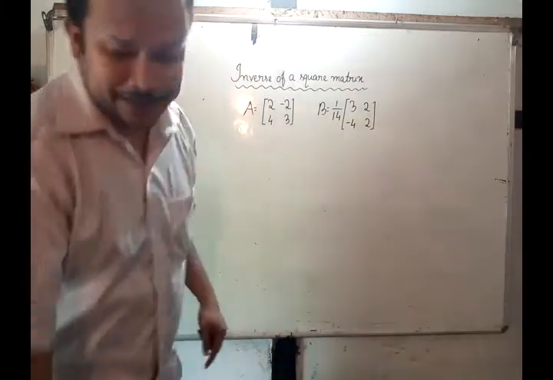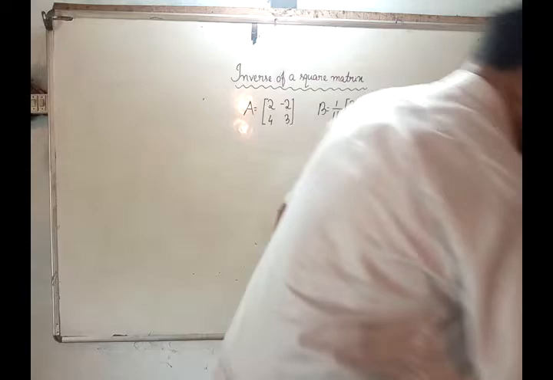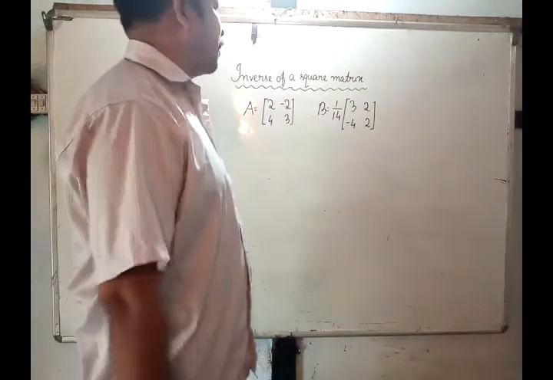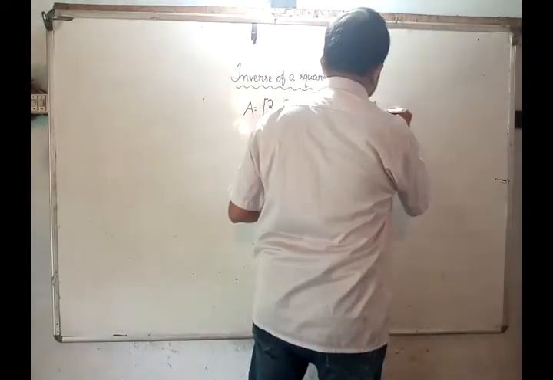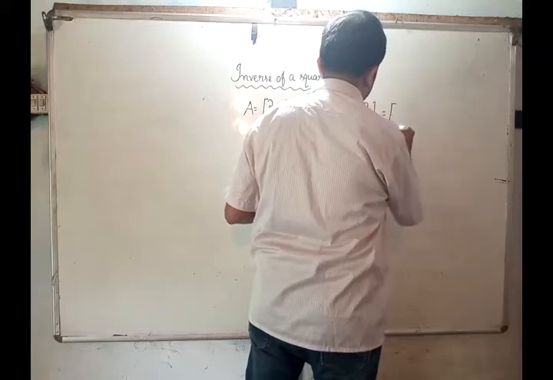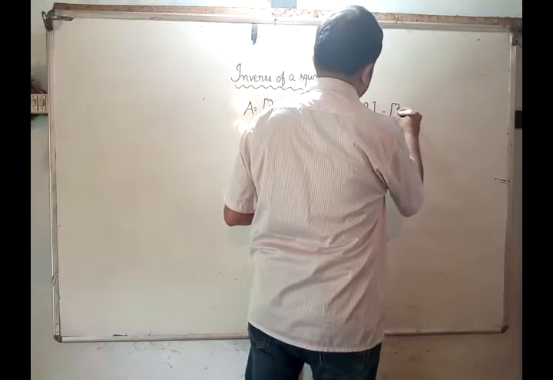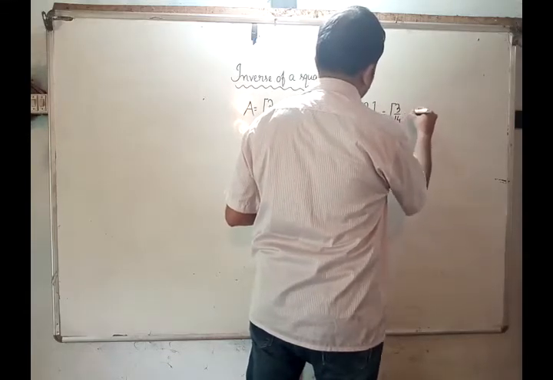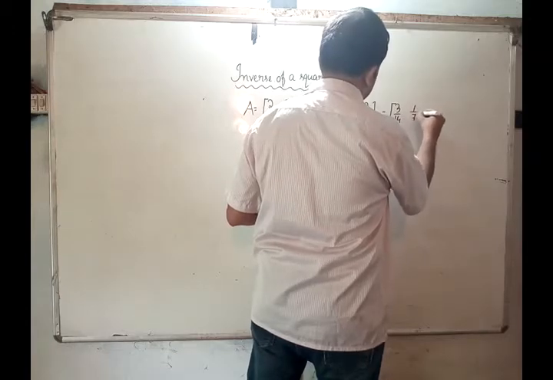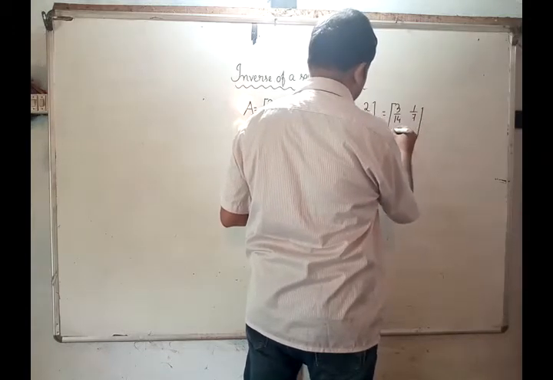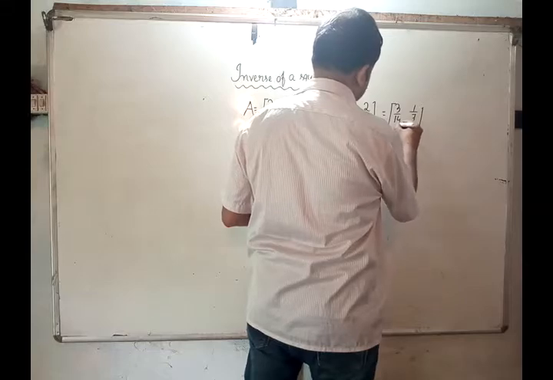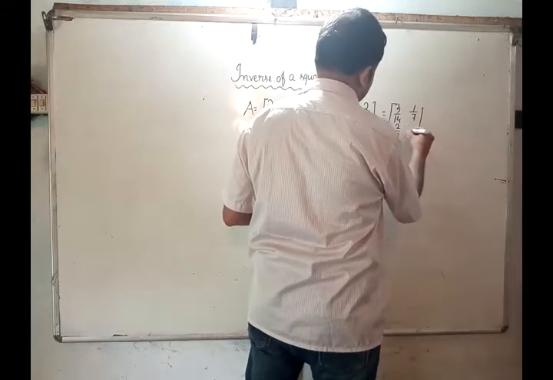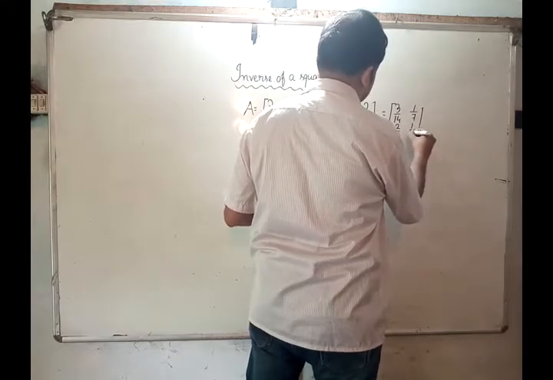I can write the matrix B as 3 by 14, 2 by 14 is 1 by 7, minus 4 by 14 means minus 2 by 7, and 2 by 14 is 1 by 7.